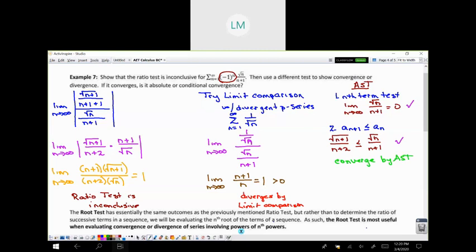It diverges by limit comparison. So therefore, this series converges conditionally. All right, so we're going to stop there, and then I'm going to do a short video for the root test.